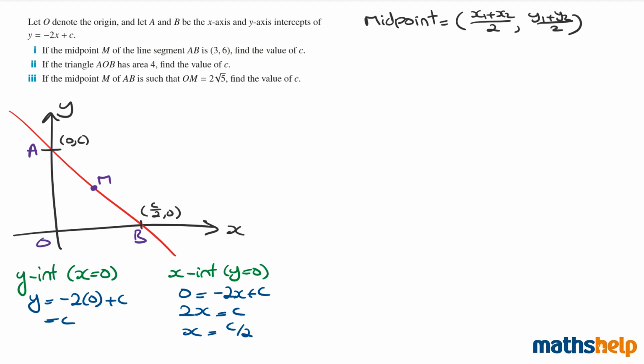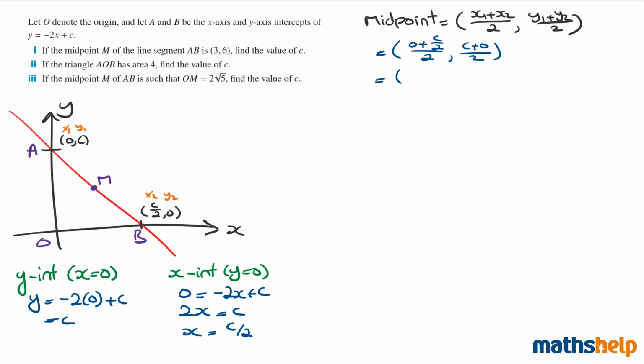Looking at our coordinates, we can say that if this is x1, this is y1, and we can let this be x2 and this y2. So our midpoint is going to have the coordinates x1 plus x2, which is 0 plus c on 2, on 2, and y1 plus y2, which is c plus 0, on 2.